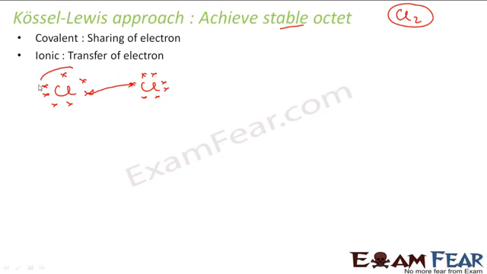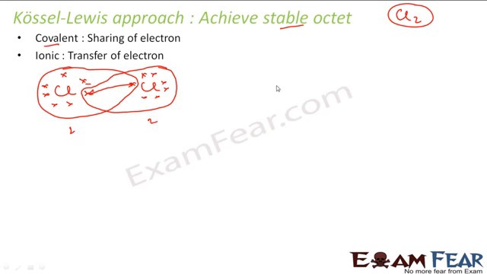So this chlorine assumes that it has 8 electrons, and this chlorine also assumes that it has 8 electrons. For example, this chlorine 1 has 7 plus 1, 8 electrons, and this chlorine also has 7 plus 1, 8 electrons. So both assume that they have 8 electrons and they form a bond. This kind of bond is called a covalent bond, where there is sharing of electrons.